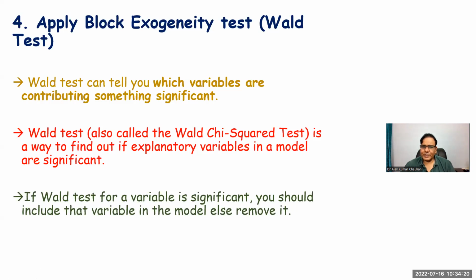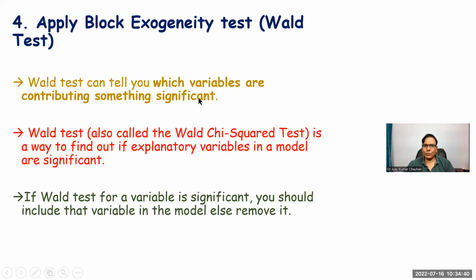The Wald test is based on chi-square test, and the null hypothesis is that we cannot exclude this variable from the VAR system. And if the p-value is insignificant, it means the variable is significant.